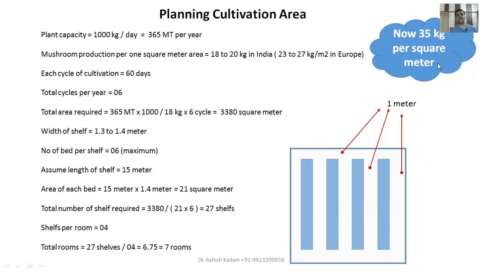It is certainly possible to achieve this yield in India also, if we take the right care, if you have the right design measures, the right planning, the right training, right standard operating procedures for each and every activity, and a checklist for each and every activity.